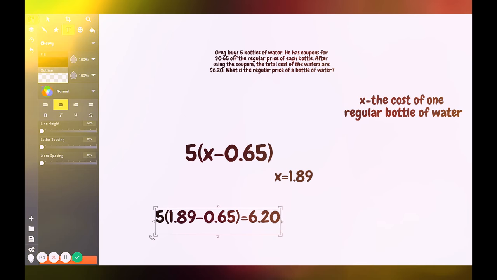So you would first distribute the 5 to 1.89 and 0.65. After that, 5 times 1.89 is 9.45 and 5 times 0.65 is 3.25. Now the equation becomes 9.45 minus 3.25 equals 6.20.